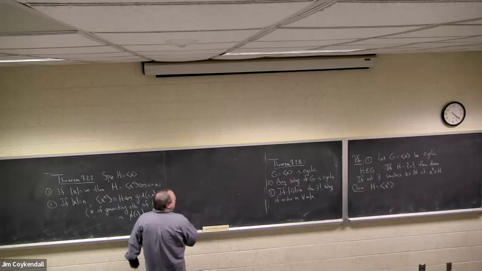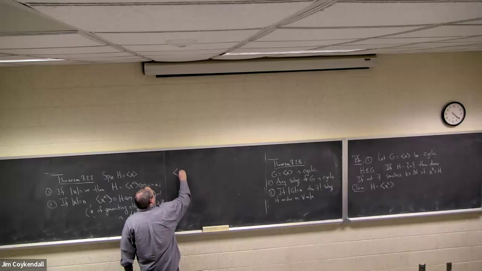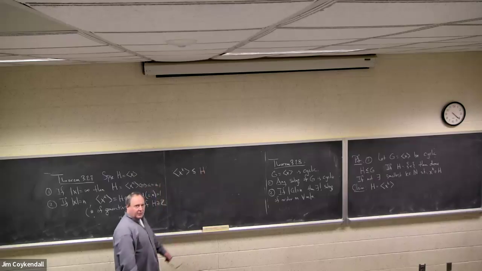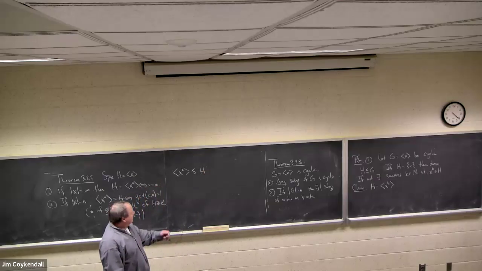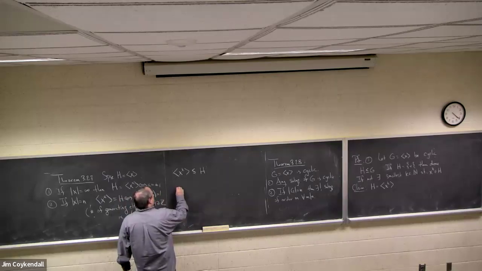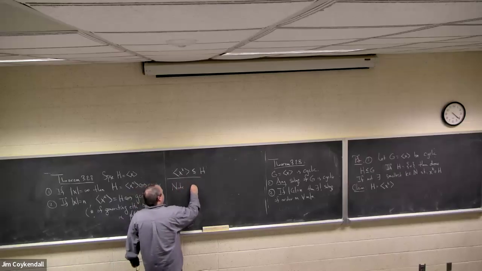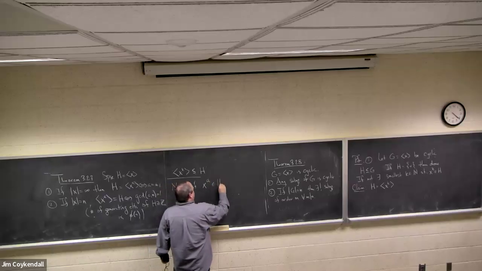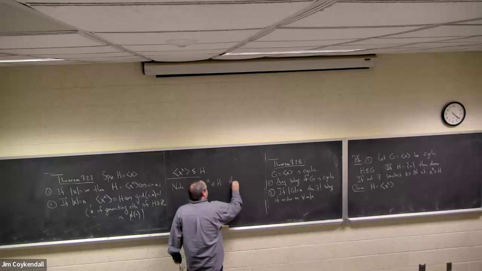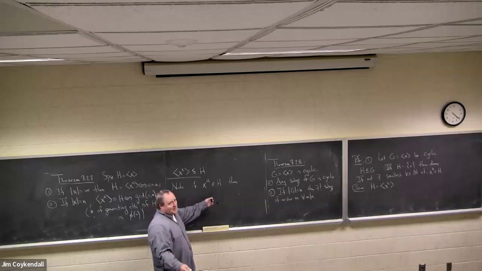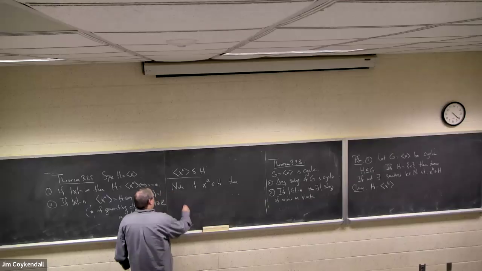Notice that the subgroup generated by x^k is contained in H. That's certainly true because x^k is in H, so whatever subgroup it generates must be in H. Now for the other containment, if x^a is in H, then because any element in H is in G, it's got to be a power of x.